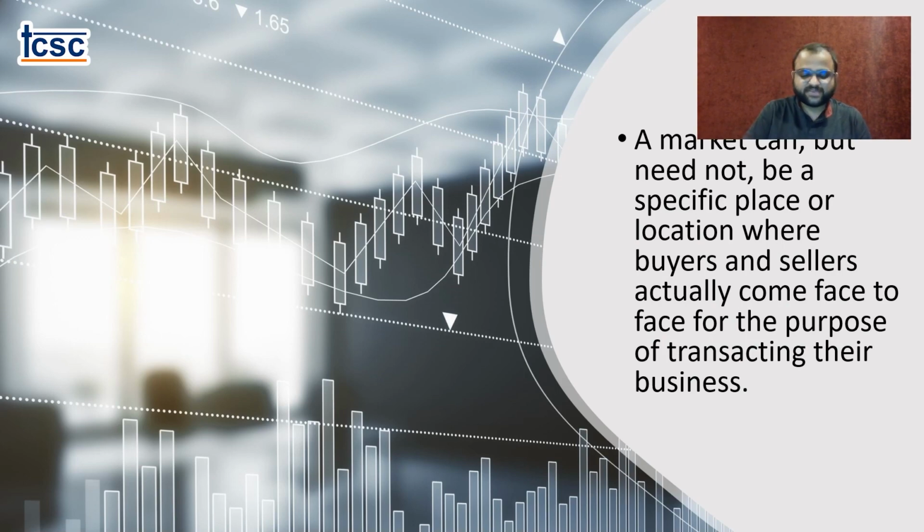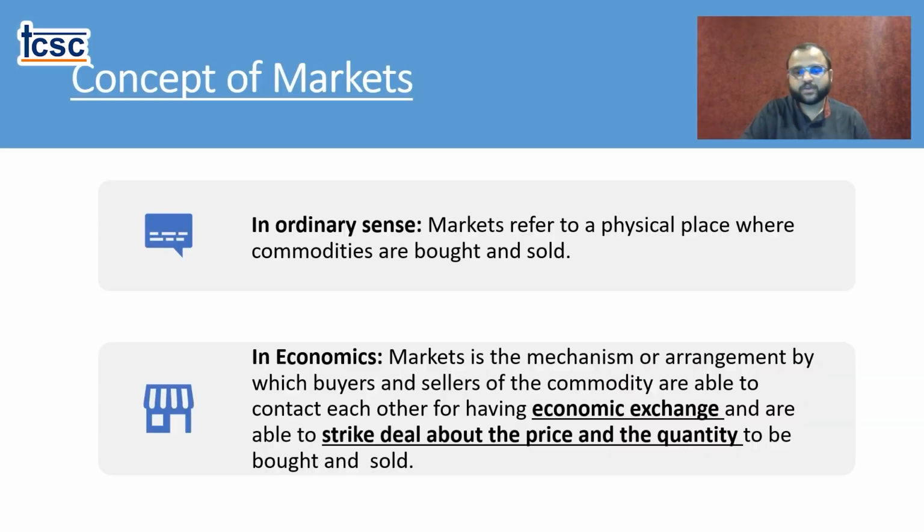Now, the problem is that in economics and in common-sense understanding, markets vary a lot. That's the reason why, in economics, when we talk about markets, we're talking about markets not with respect to a place, but with respect to the transaction. In a very simple understanding, if you're studying commerce or management, they would always teach you markets to be a physical place.